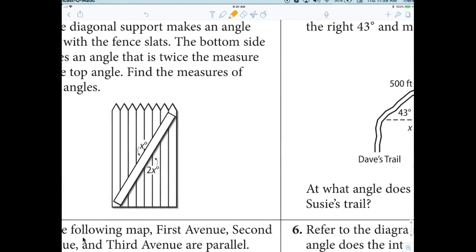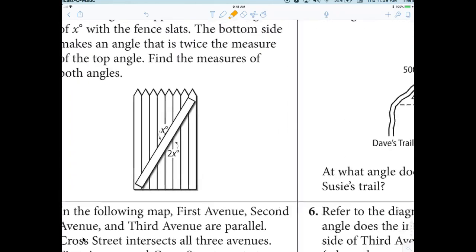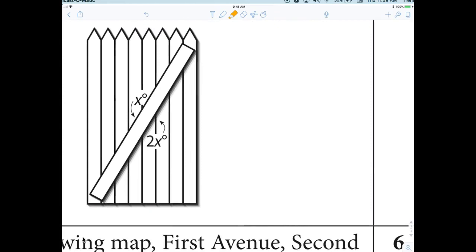All right, now what's hard here is to kind of look at it. They're showing you, so I'm gonna make it so it's easier to see, I think. So I'm gonna draw this right here.